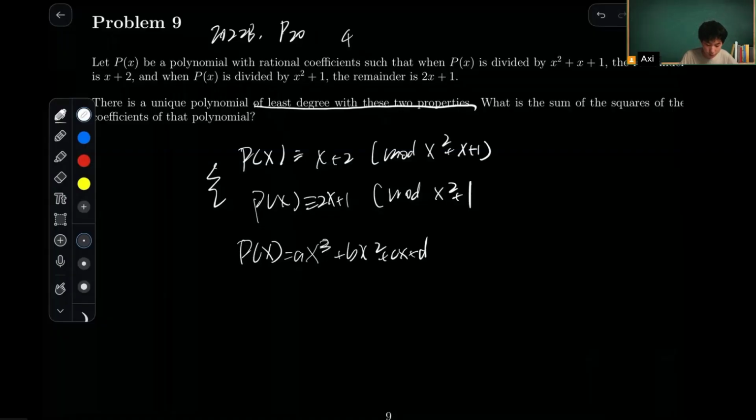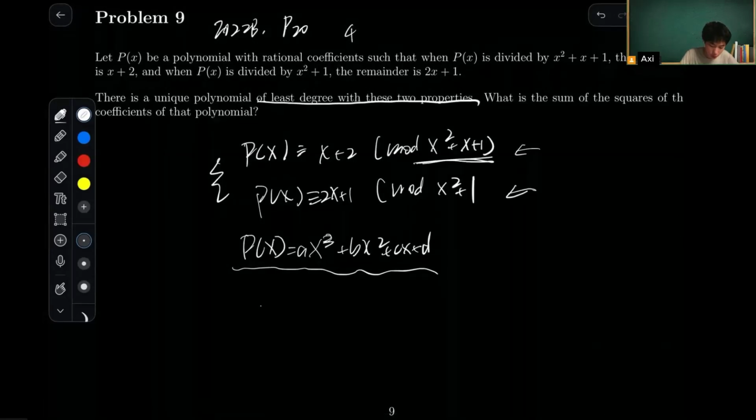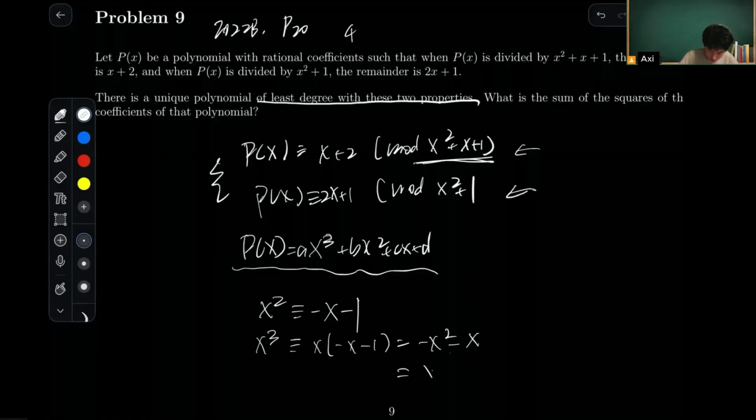Now we can analyze this polynomial under the constraints. For the first constraint, we know x squared is equivalent to negative x minus 1. And similarly, x cubed is equivalent to x times negative x minus 1, which is negative x squared minus x, which is x plus 1 minus x, which is in fact 1.